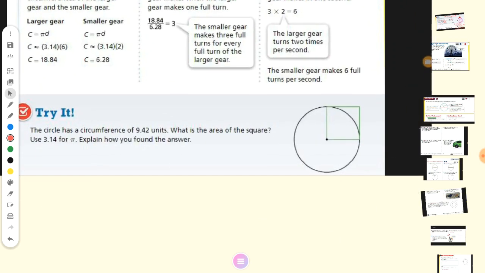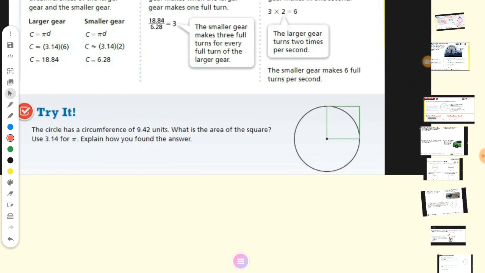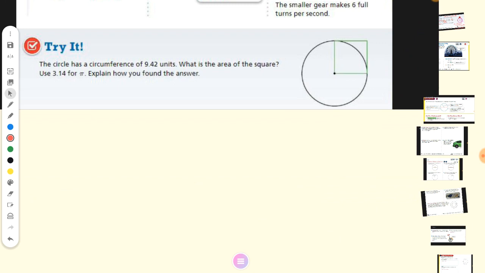So try this one. The circle has a circumference of 9.42, so that's C. Always, if you found any number, make a round. What is the area of the square? Use pi as 3.14.